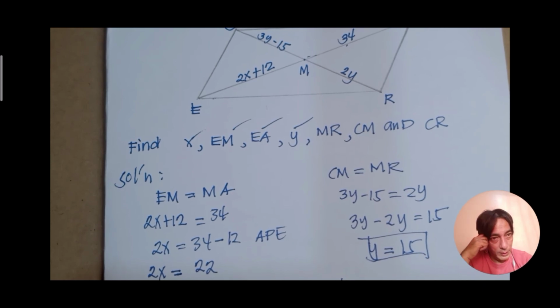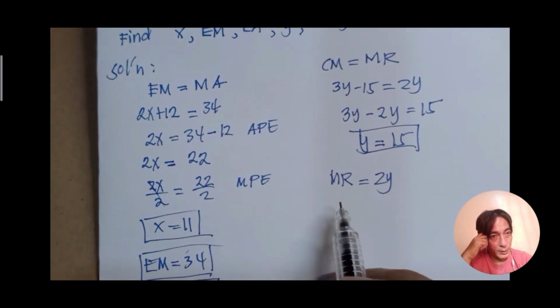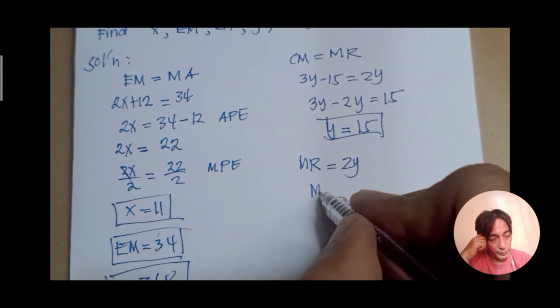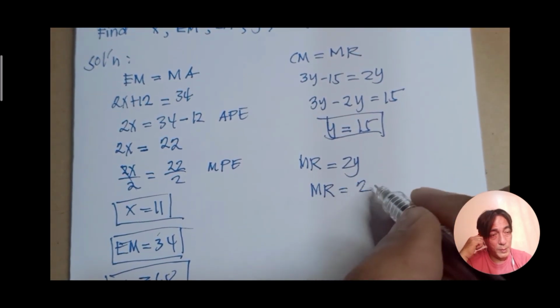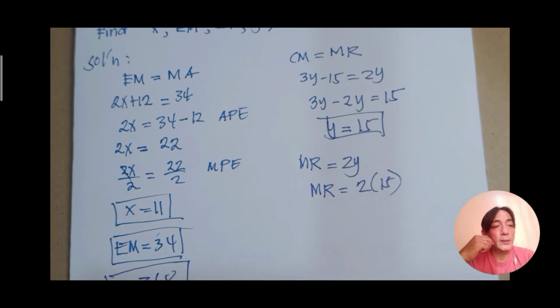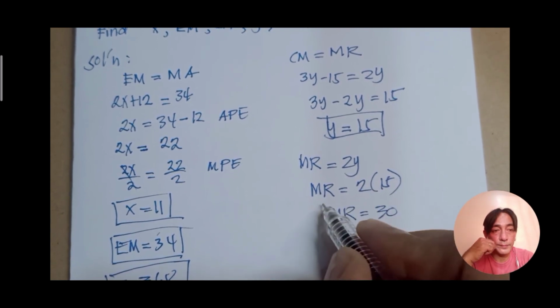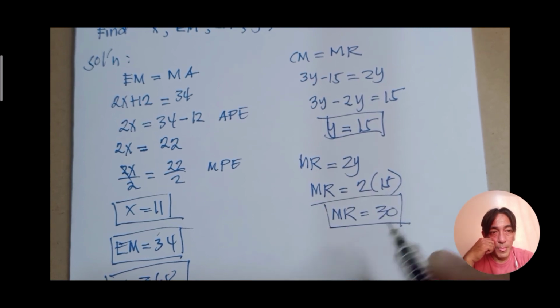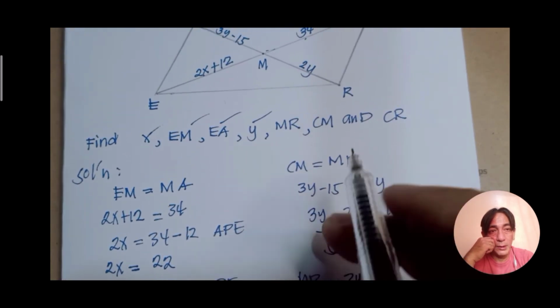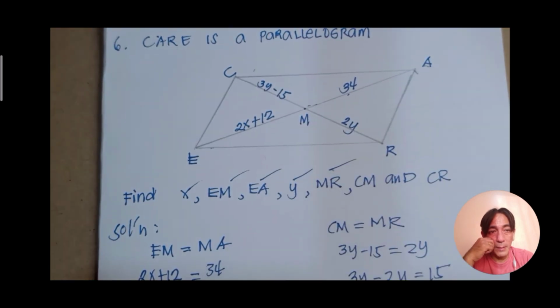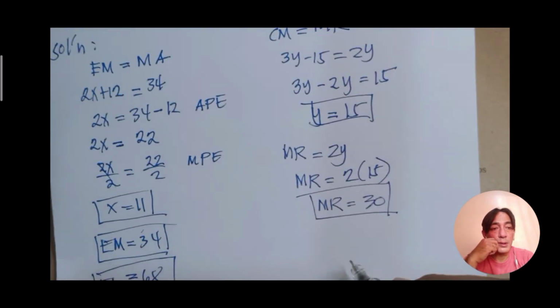So, MR now is equal to 2 times 15. And that will be 30. Okay. Kung ang MR ay 30, yung CM ay 30 rin. They are congruent.